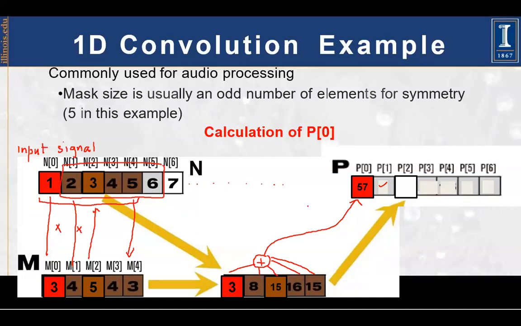You can keep sliding this window till the end of this data and keep placing these calculations in the output. So this is the output of this filter. This is the result after convolving. We have convolved this signal with this filter, and this is the output of the convolution. This is what convolution is.